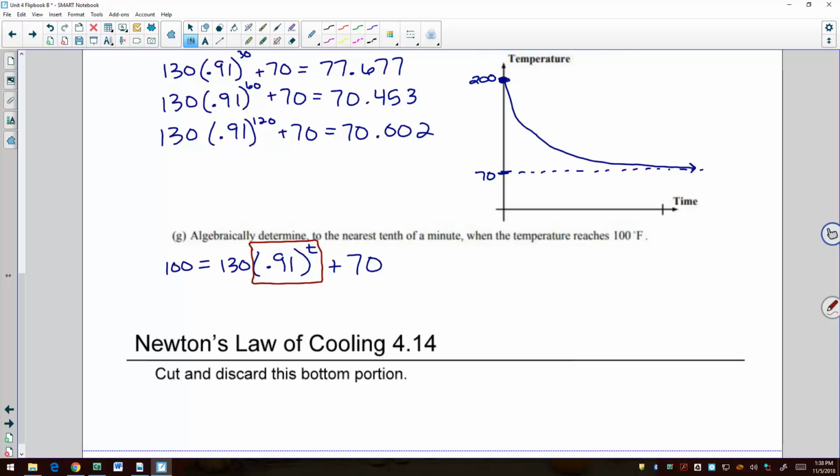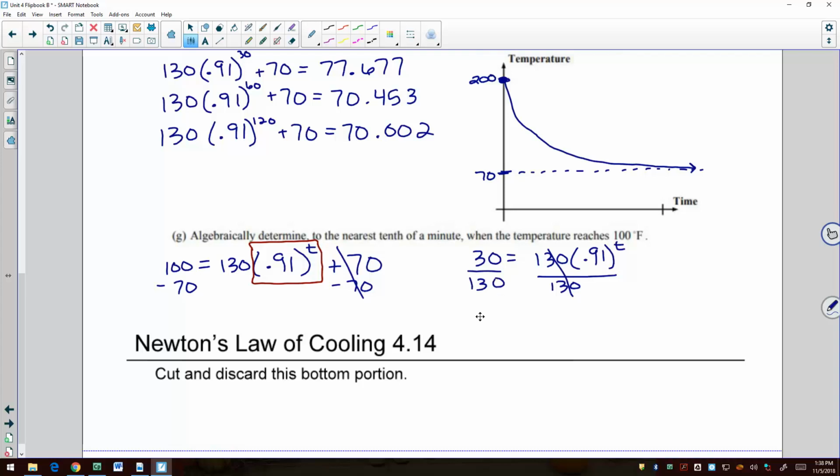So I want to get the 0.91 alone. So first we're going to move the 70 over to the other side by subtracting 70. So I get 30 equals 130 times 0.91 to the T. And now I need to move the 130 over by dividing it because it is multiplied with the 0.91.